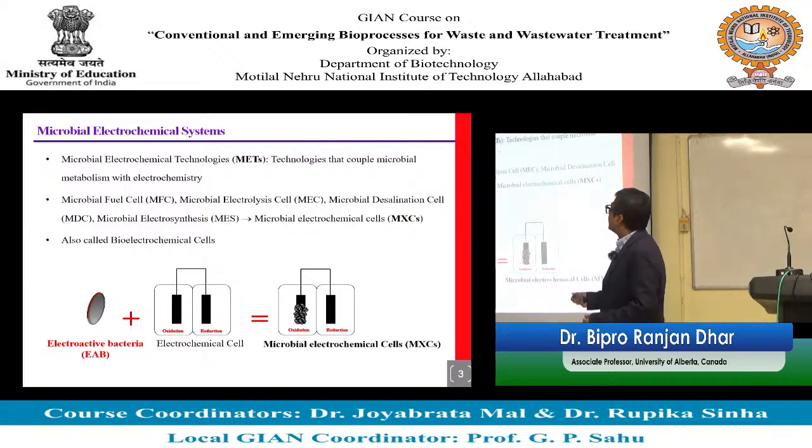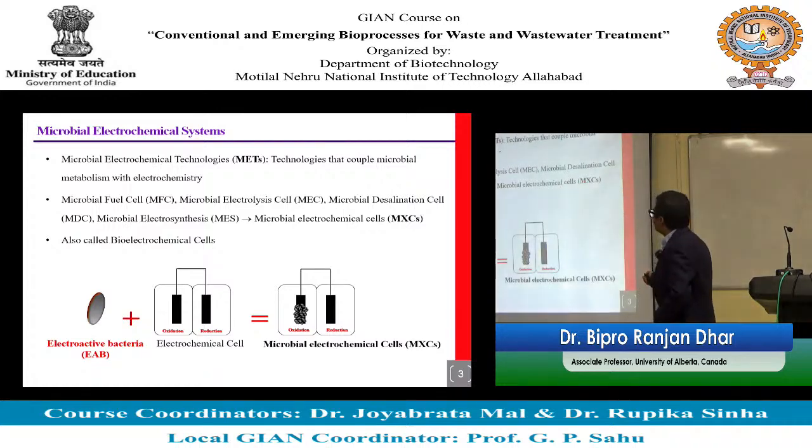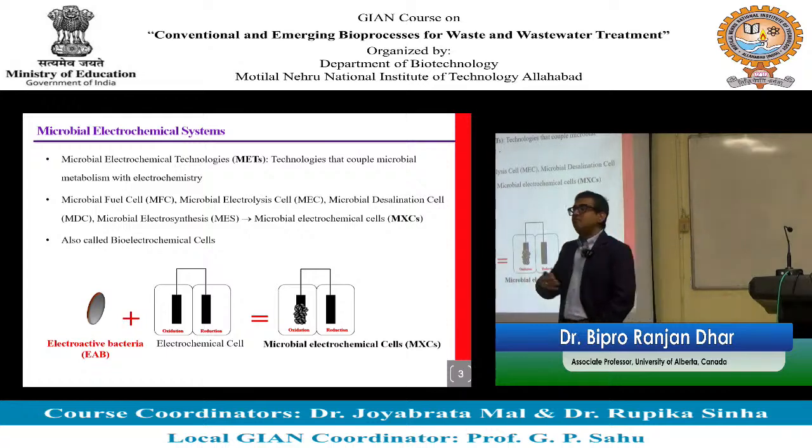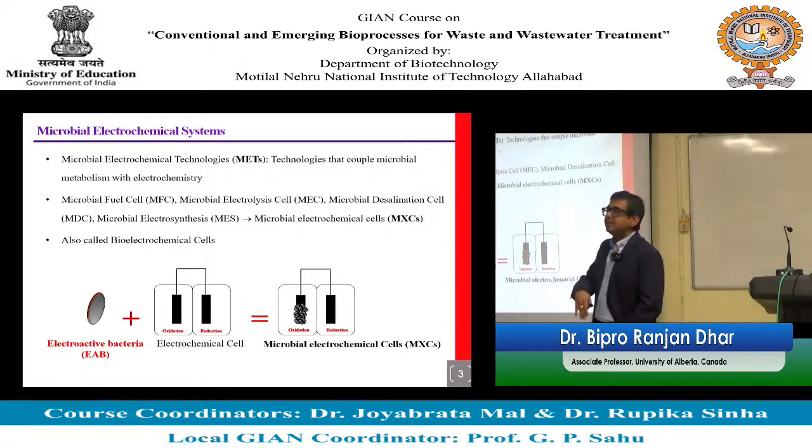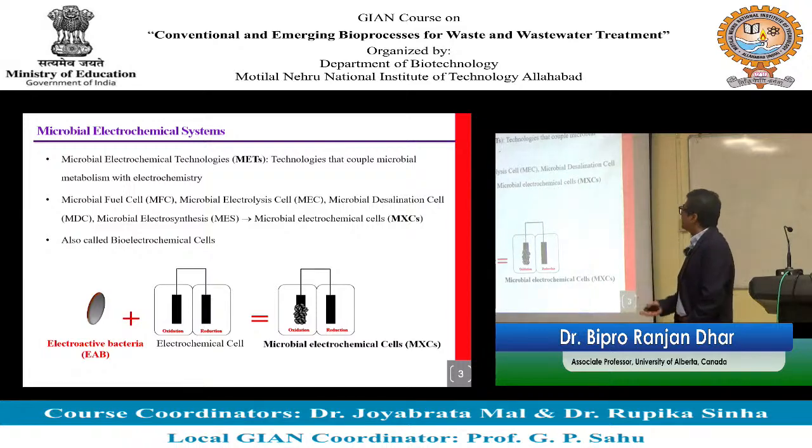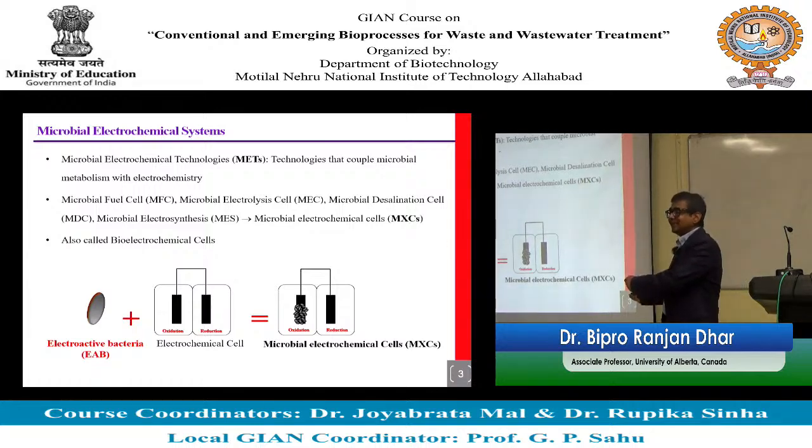That's why researchers thought we should give a common name. We call it MXC, where the X may represent different applications. It could be a fuel cell, an electrolysis cell, or a desalination cell. Researchers have also shown that you can do denitrification using this concept.